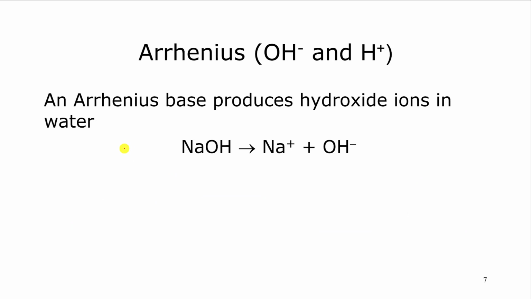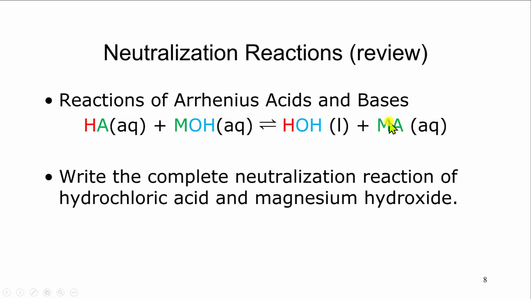Now, an Arrhenius base produces hydroxide ions in water. So sodium hydroxide, for example, because it's an ionic compound, dissociates into sodium ions and hydroxide ions. And other than that, that's all the Arrhenius theory really gets to cover, because it really is dependent on having OH in the structure.